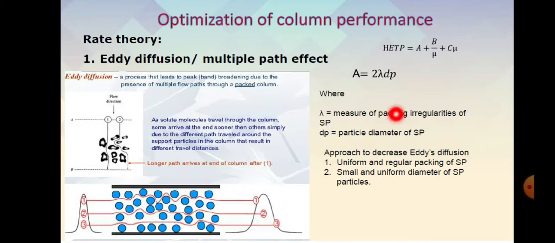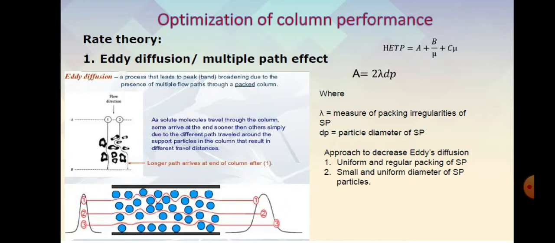The mobile phase or the sample component will find multiple paths, and that is very common. You can see here the first path is this one, the second path is slightly different from the first, and the third path is different from the previous two. So what path it chooses, based on that we can get a broader peak.